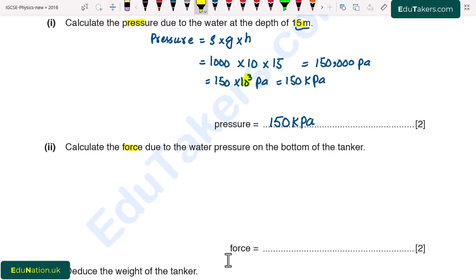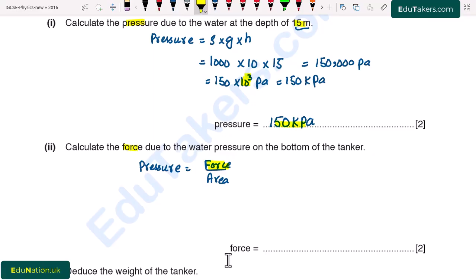Next, part 2. Calculate the force due to the water pressure on the bottom of the tanker. So here we have to calculate the force. We know that pressure is force per unit area. I write here pressure is equal to force over area. From here we have to find out the value of force, and pressure we already calculated in part first.